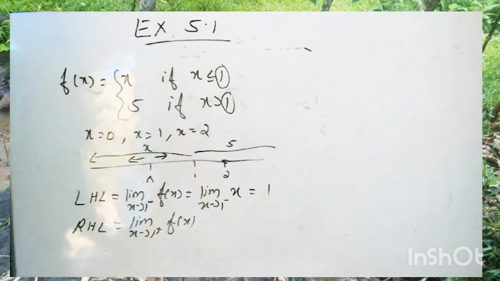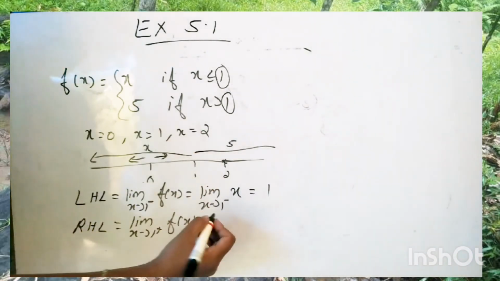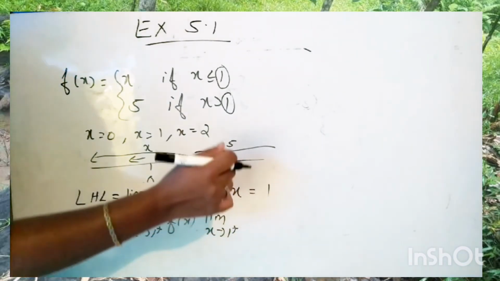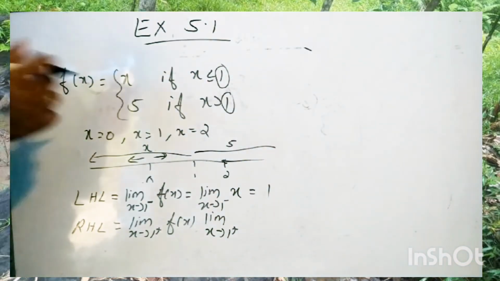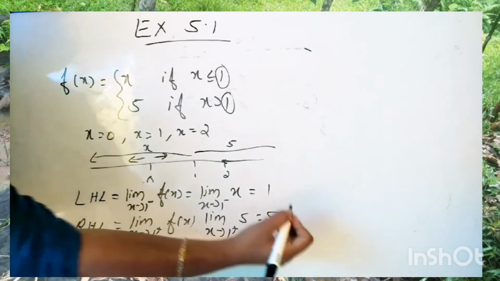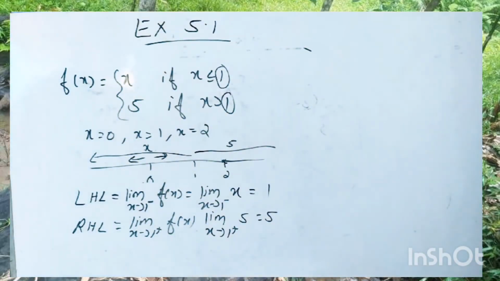What is your function value to the right of 1? To the right of 1 we have the function value that is 5. Since it is constant, the limit is also 5.